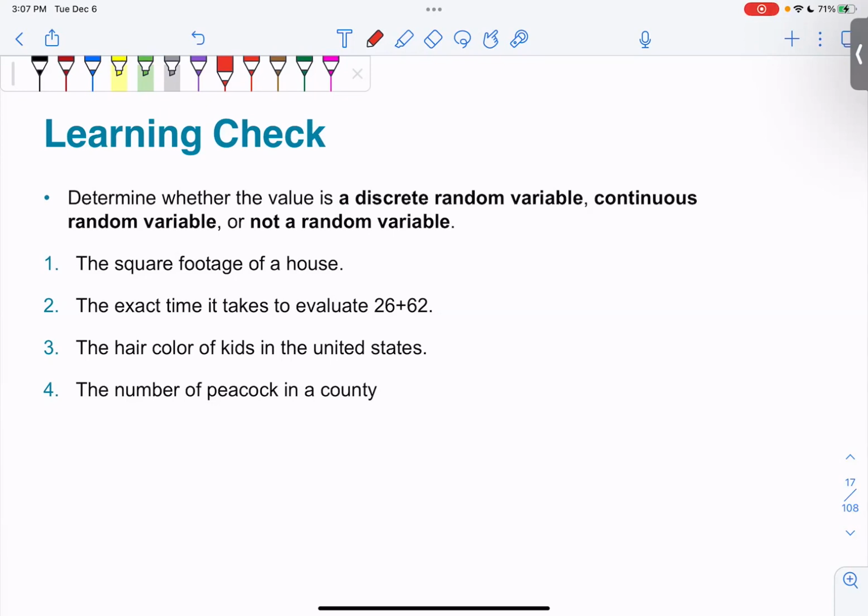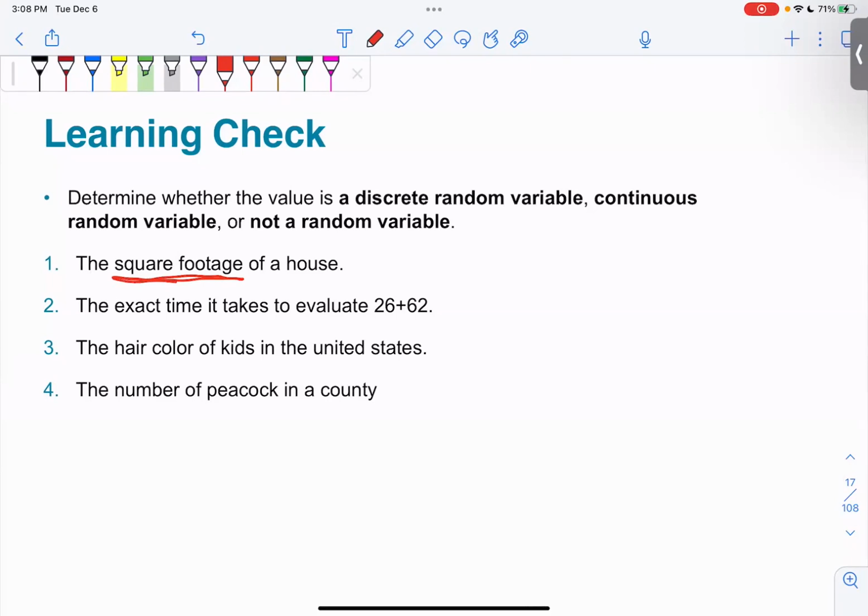Okay, yes, but is it discrete or continuous? Continuous. Why? Yes, so we can measure it, right?